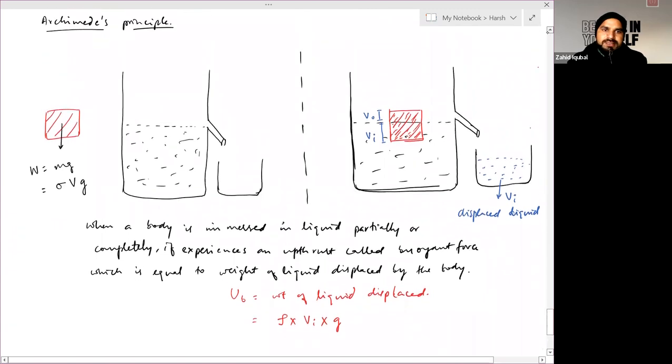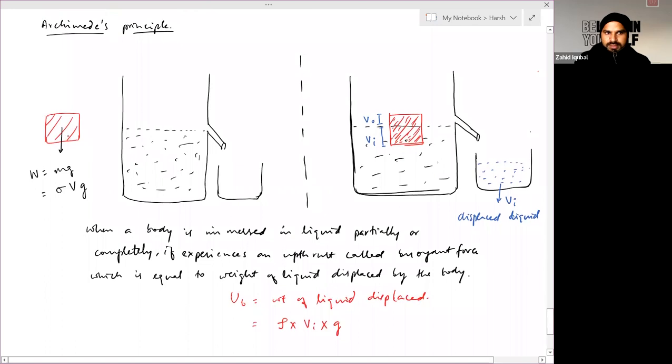We have started this. Suppose any object which is kept in air initially will have some weight. When it is immersed in fluid like this, it may have some volume outside and some volume immersed inside. So Vi is its immersed volume and V naught is its outside volume.